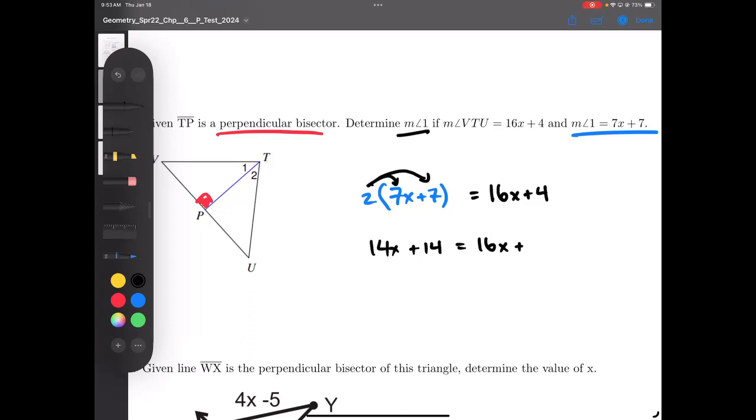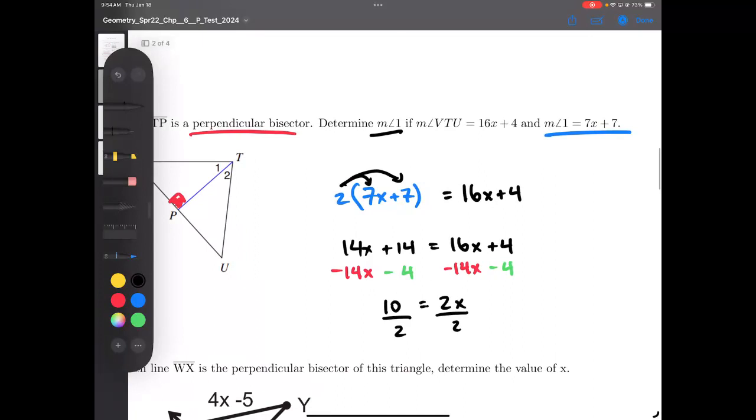Do your algebra. Divide by 2. And you should get x is 5.